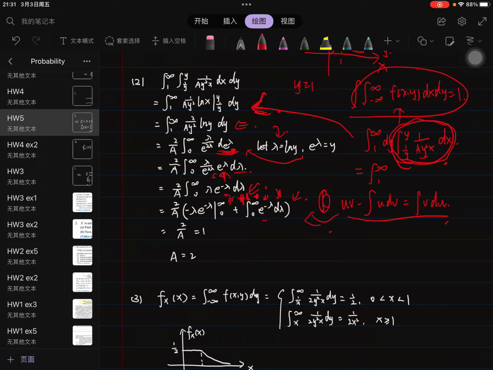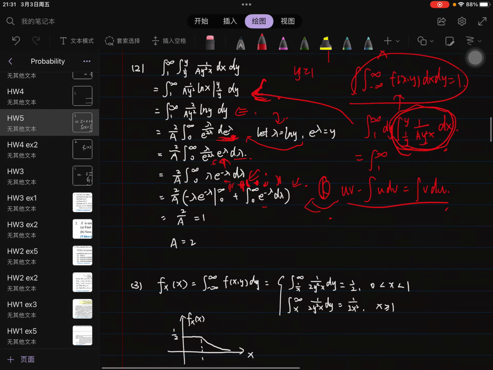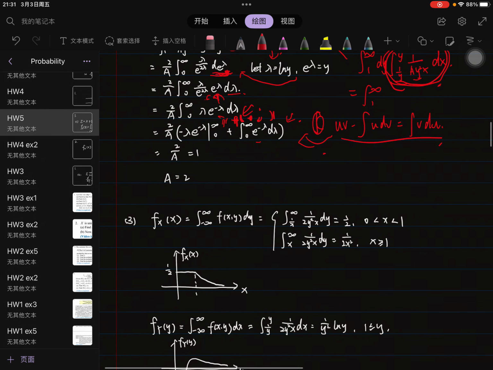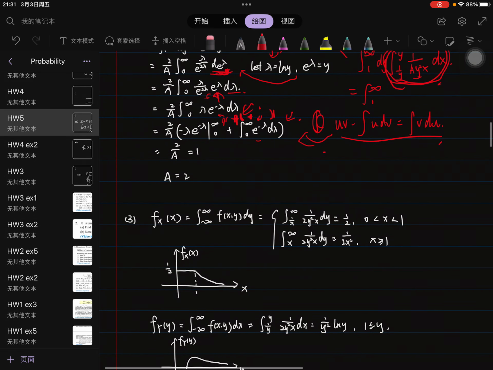For the third question, we need to find the marginal density functions f_X and f_Y. By the definition, the density function of x is equal to the integration of the joint density function with respect to y, dy.